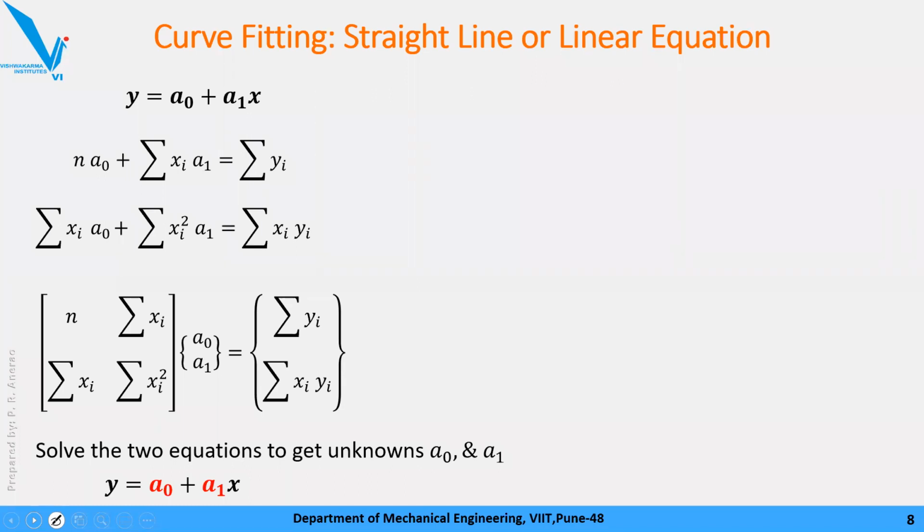Based on that, you can come up with your own algorithm for the remaining methods. So try to understand how we have prepared the algorithm for the straight line equation.